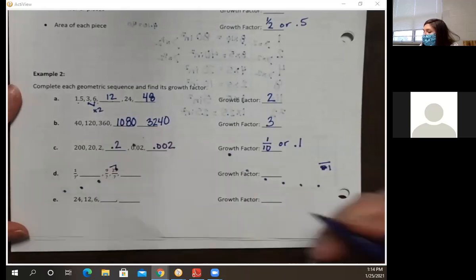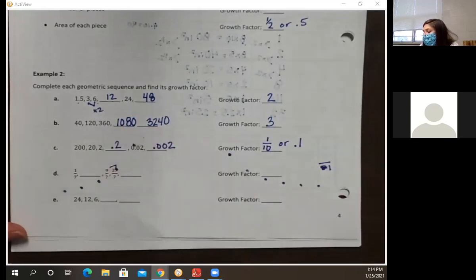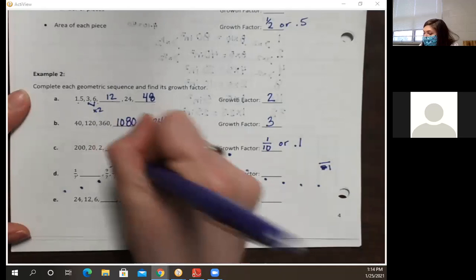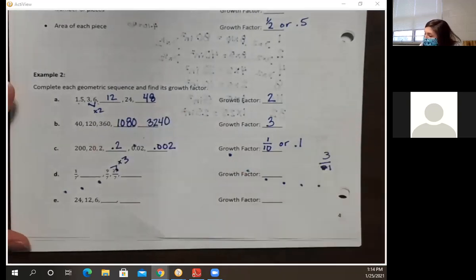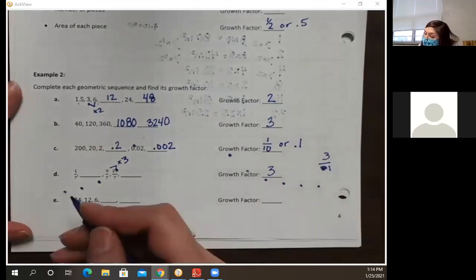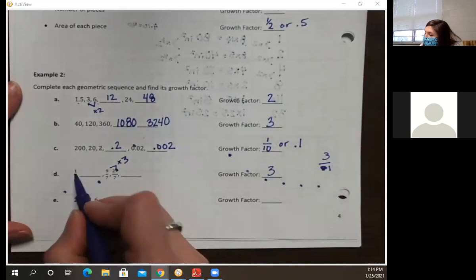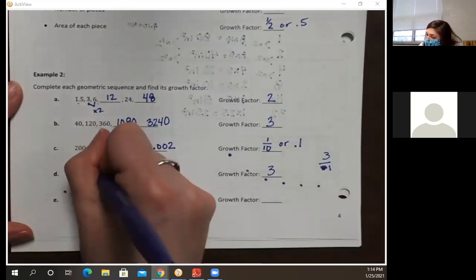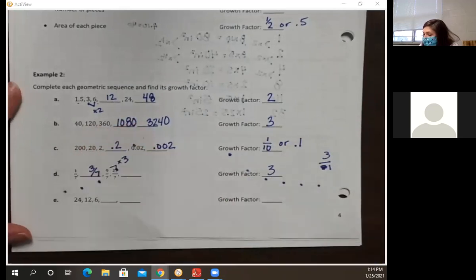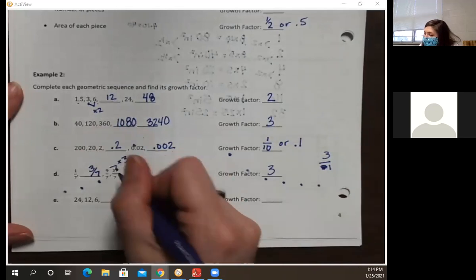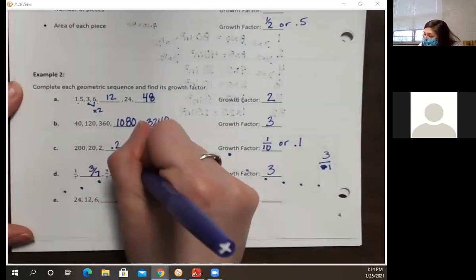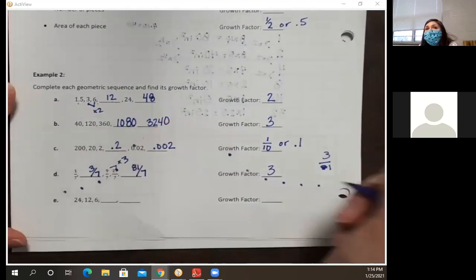So 9 times what would give me 27? 3. So my growth factor has to be 3 over 1 or just plain old 3. So now I can go back and fill in the missing second term. On top, 1 times 3 will give me 3 over 7. And then 27 times 3 would give me 81 over 7.